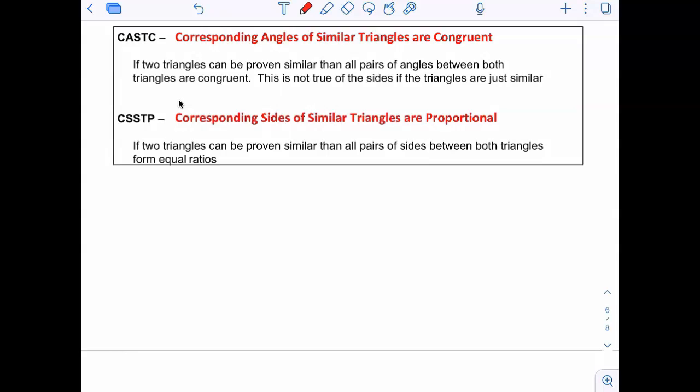And then corresponding sides of similar triangles are proportional. So again, if you can prove that two triangles are similar, then all pairs of sides are going to have equivalent ratios.